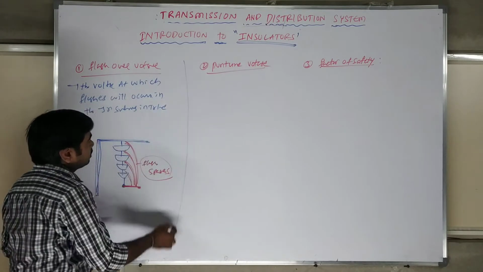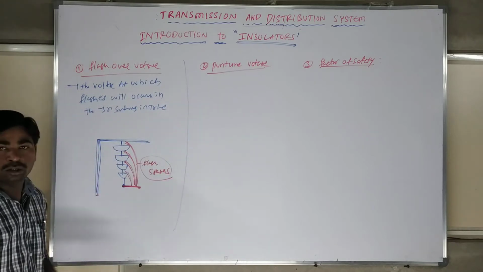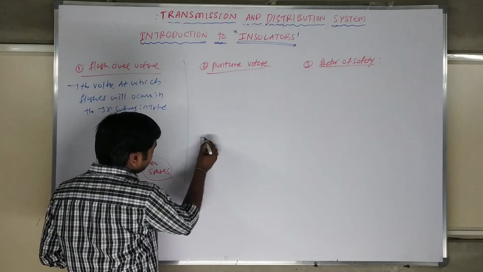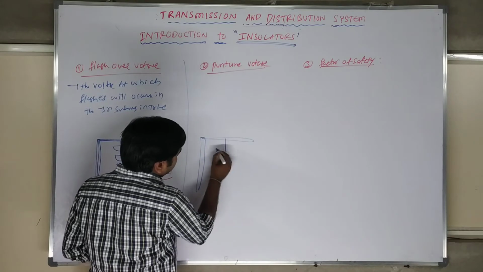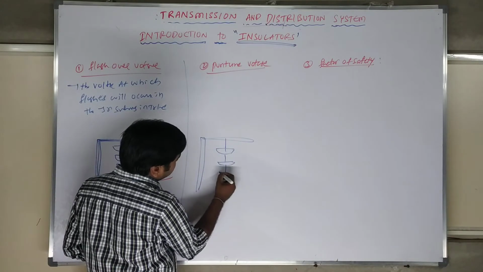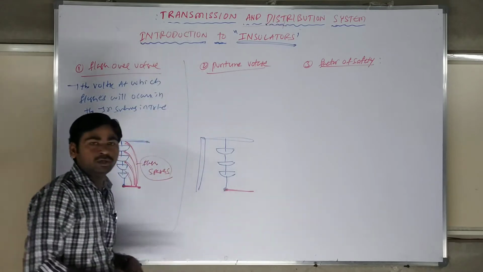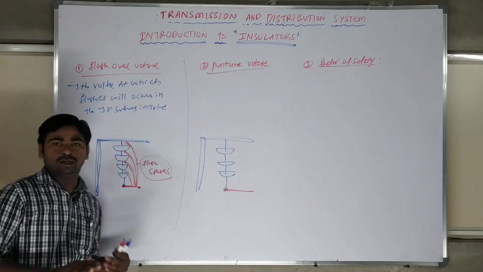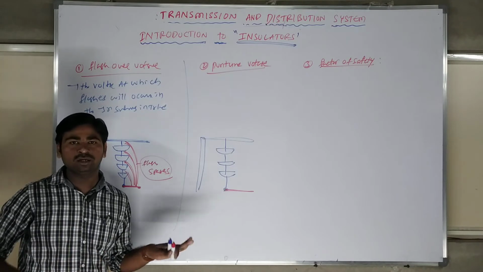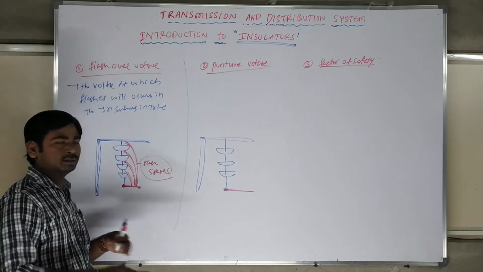Next, puncture voltage. The puncture voltage is the same story, but slightly different. Take the same disc insulators with a power conductor. Whenever you have a regular, normal, rated voltage, there is no problem. There are no sparks.